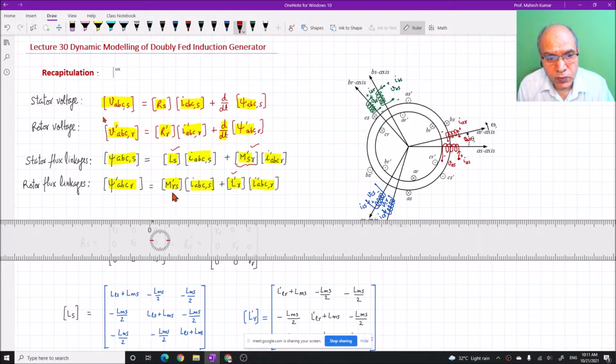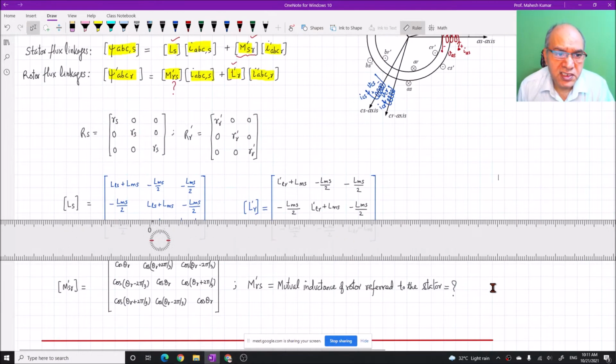We were trying to explore these matrices, what their elements are. In the previous class we expressed this R_s matrix, 3 by 3, as you can see from the dimension of this matrix, and it's a diagonal matrix with elements R_s. Then R_r prime is the resistance matrix of the rotor referred to the stator, with R_r prime as diagonal elements, and the rest are 0.